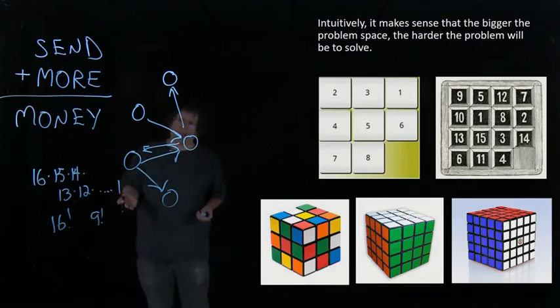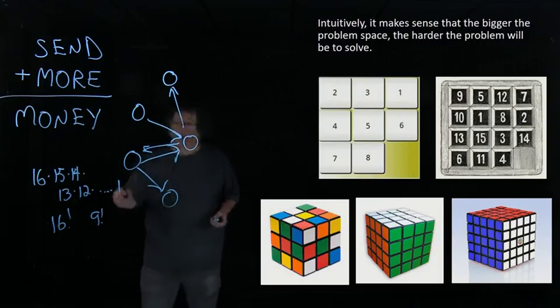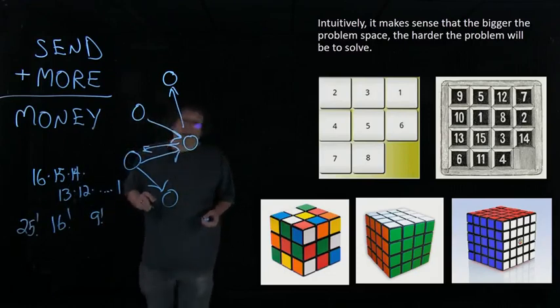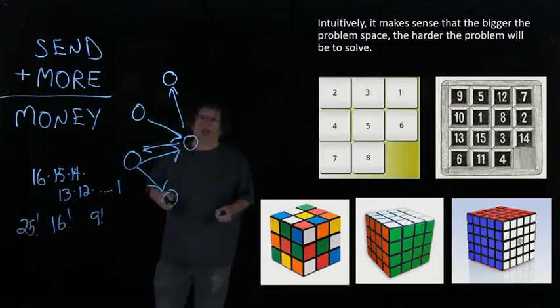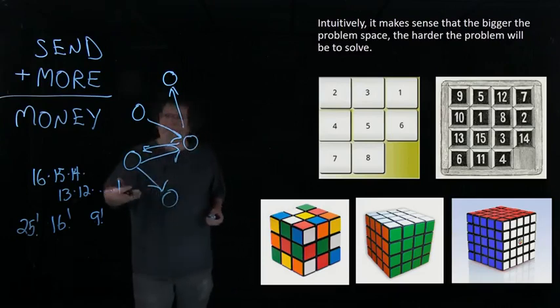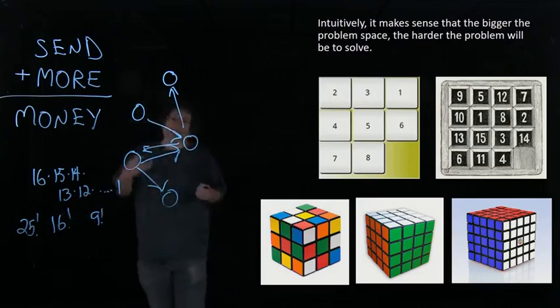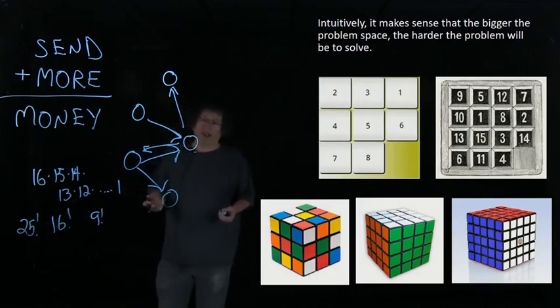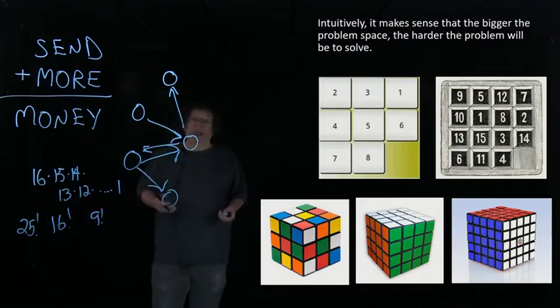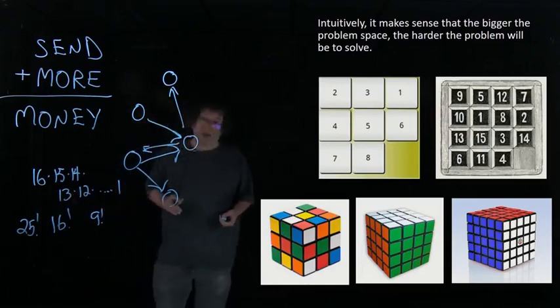And if we wanted to do a 24-25 puzzle, we would need a graph of size 25 factorial, which is a very big number. So our intuition is telling us that the larger the particular version of a puzzle, the harder it gets. And that intuition is matched by what we see in the size of the problem space for each of these things. 9 factorial is not a small number, but it's considerably smaller than 16 factorial, which itself is considerably smaller than 25 factorial.